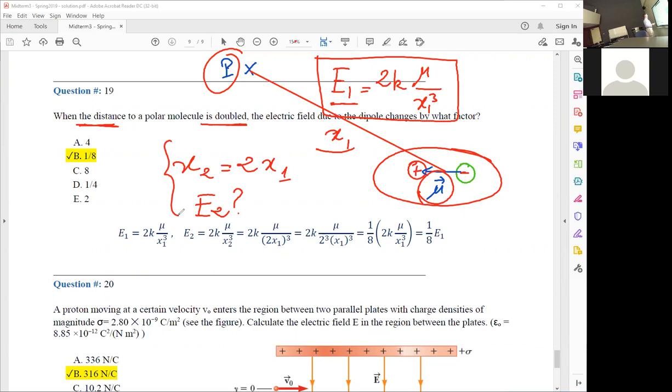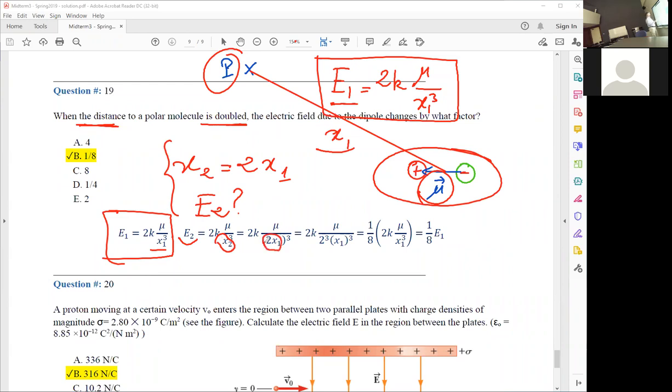My starting point is E1, the electric field at distance x1, which is 2kμ over x1 cubed. Then for E2 I'm going to use x2; that's the only thing going to change. Now, x2 is 2x1.